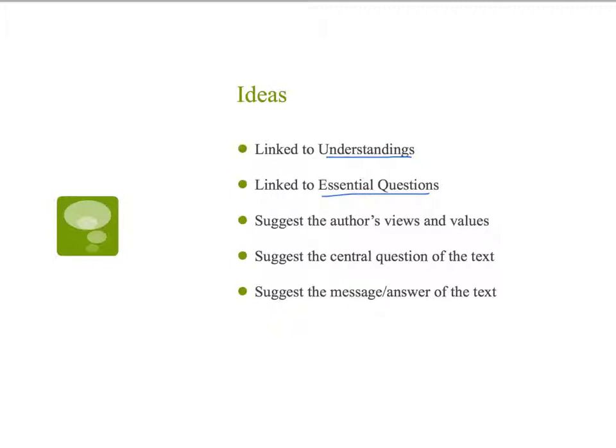What is it that the author thinks about society or humanity? What are they saying is important or what matters? Maybe your passage introduces a central question of the text. What is it that we're actually meant to think about or wonder about? Or in your passage, is there a potential answer or message that is being relayed?